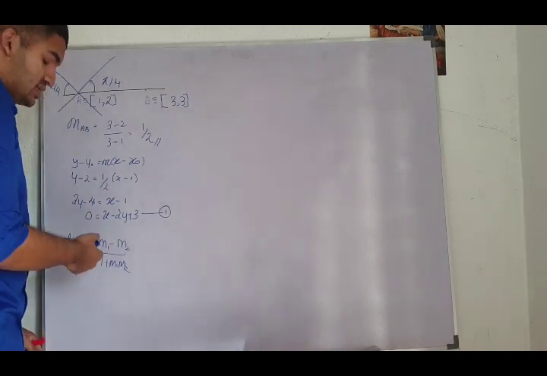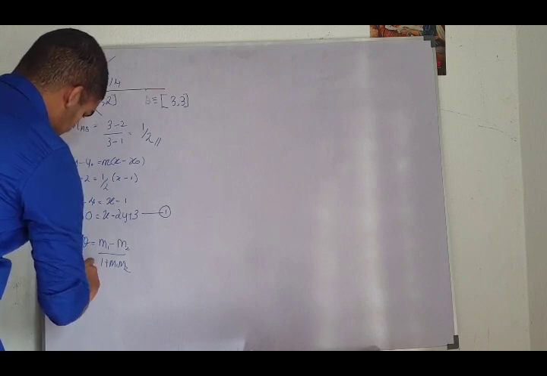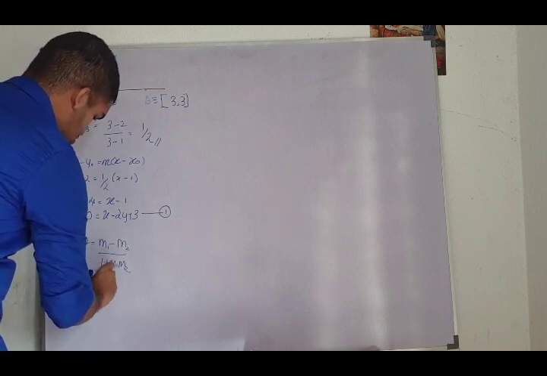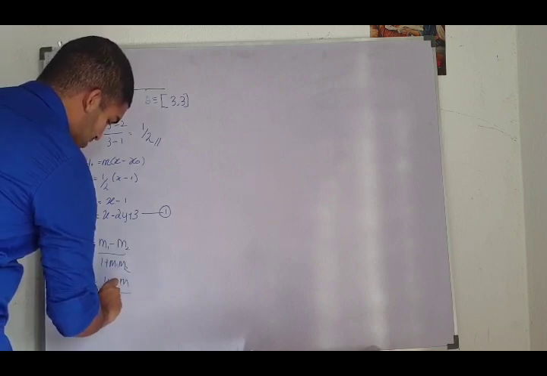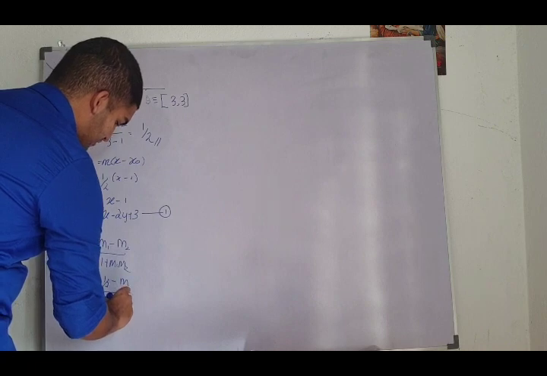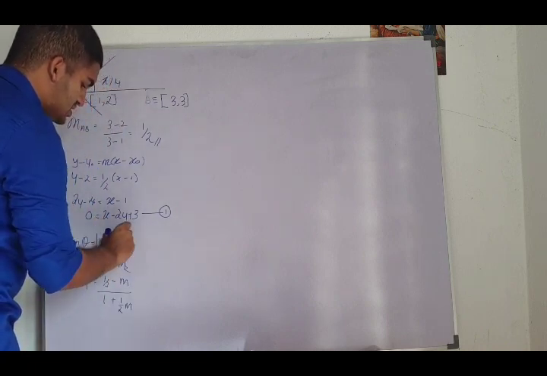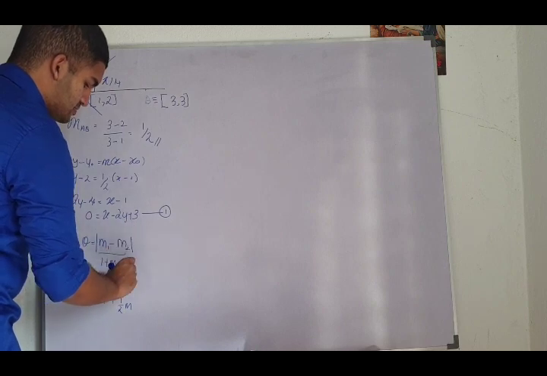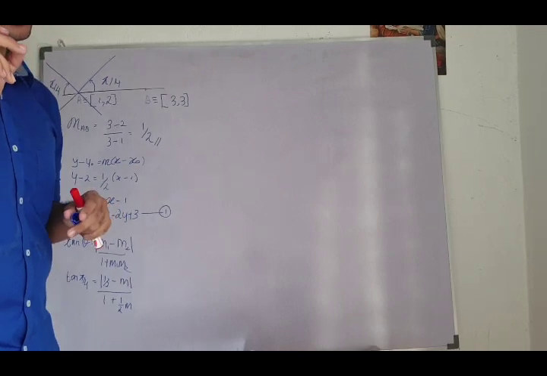So tan pi by 4 is equal to half minus m over 1 plus half m, with the modulus included here. We know that tan pi by 4 is equal to 1.